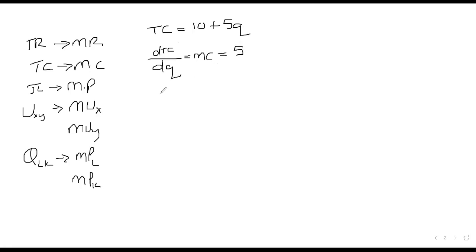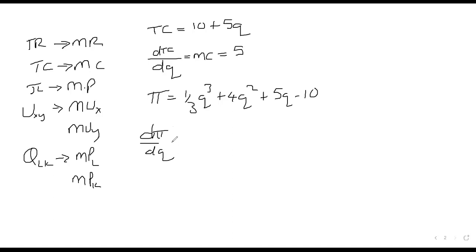5, excellent. All right. If you have profit, pi, equal to 1/3 Q to the power 3 plus 4Q squared plus 5Q minus 10, this is the pi over the Q. It's a marginal profit.